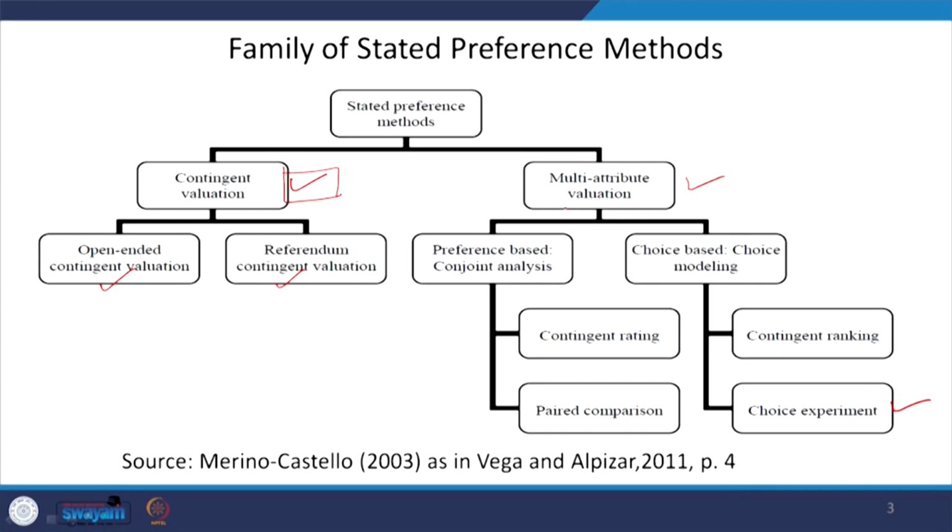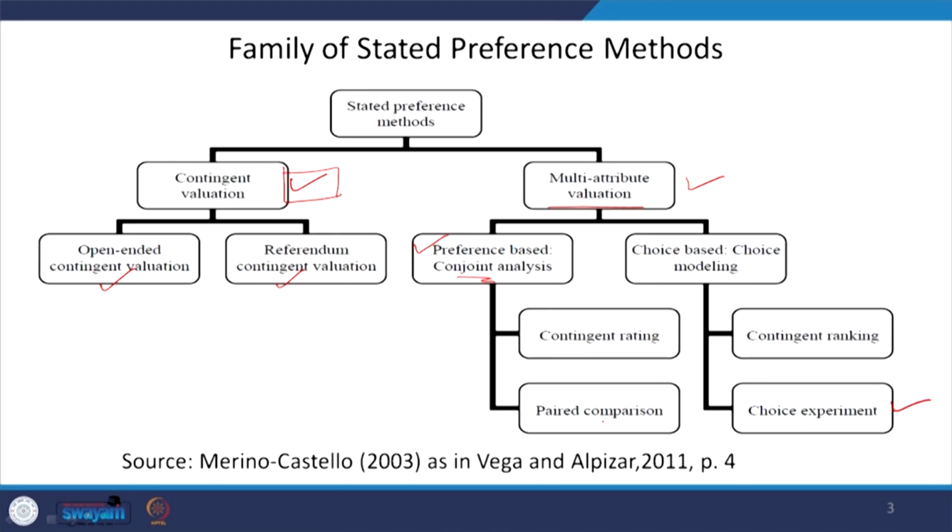Under multiple attribute valuations, it is again divided into two parts. One is the preference based conjoint analysis and the second one is the choice based choice modeling. The preference based conjoint analysis is divided into two different methods: one is contingent rating and the second one is paired comparisons.